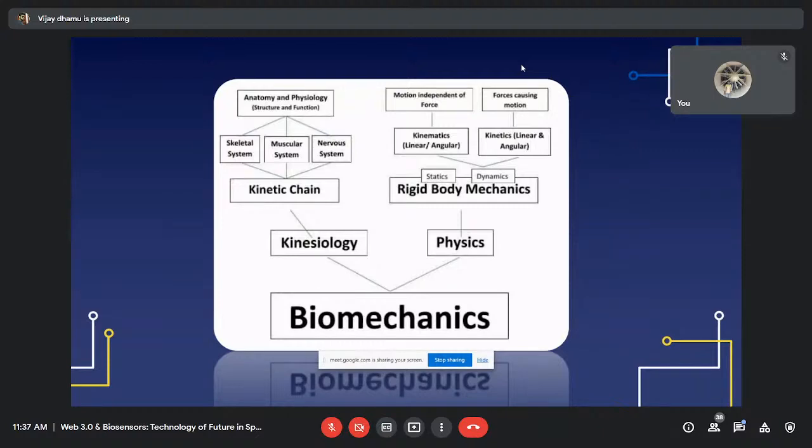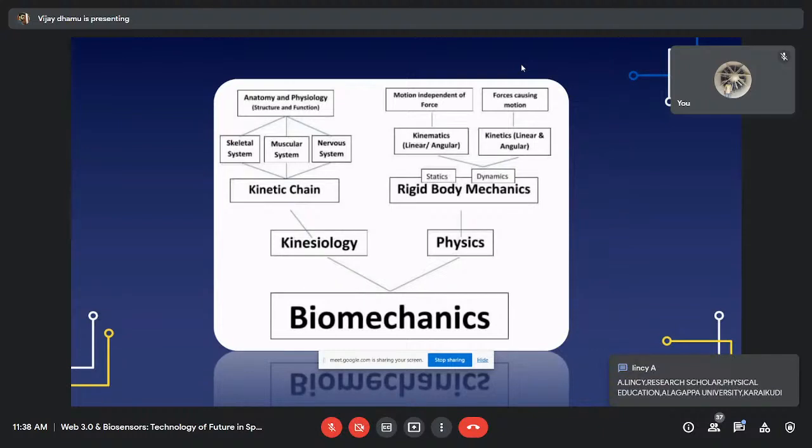What do I mean by multidisciplinary studies? It is an amalgamation of different streams of studies like mechanical principles, mechanical engineering, and biology, anatomy and physiology, and even a part of electronics or electrical engineering takes place, because the nerve signals happening inside our body are nothing but electric pulses.